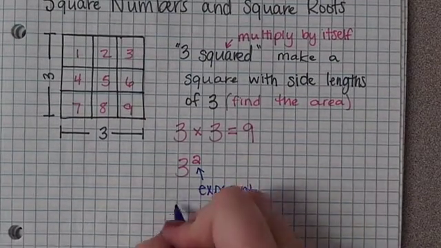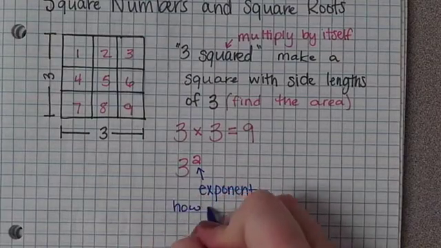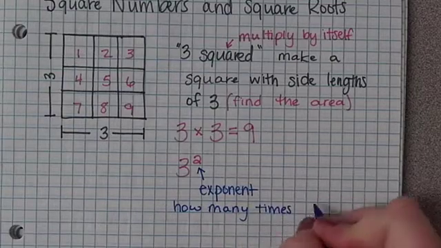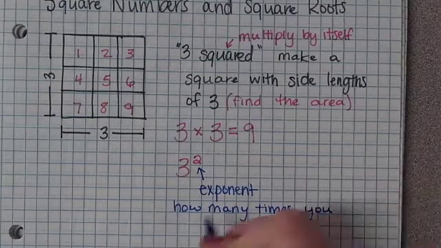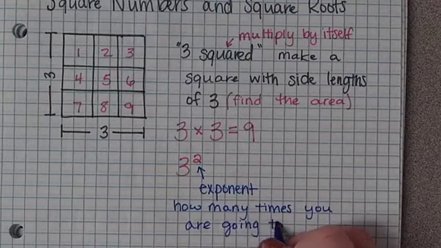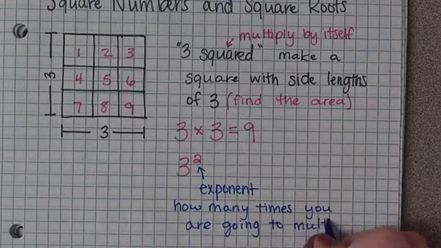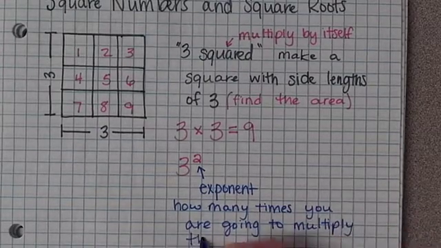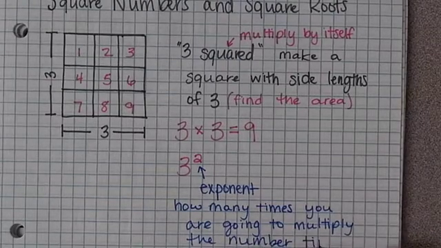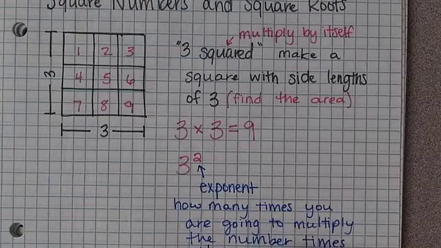It tells you how many times you are going to multiply the number times itself.